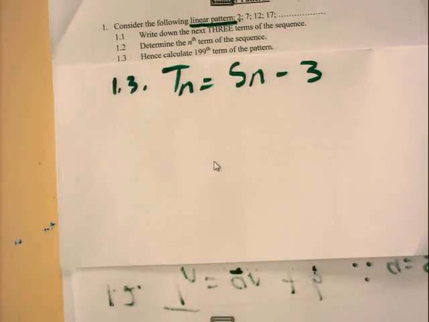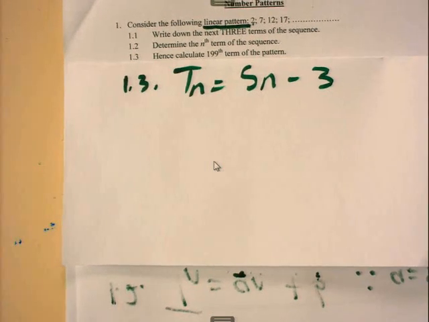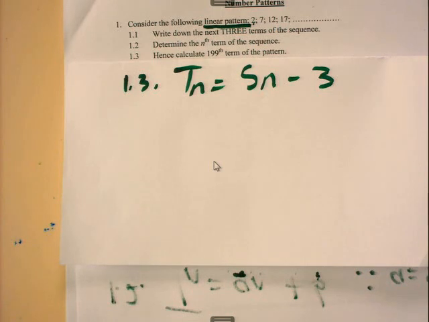What does that mean? If we determine the 199th term, we need to substitute the value of n by 199, because n indicates the position of a term in a sequence. In this case the position is given. It's term number 199, so we want the value of that term. Hence the question states, calculate the 199th term of the sequence.